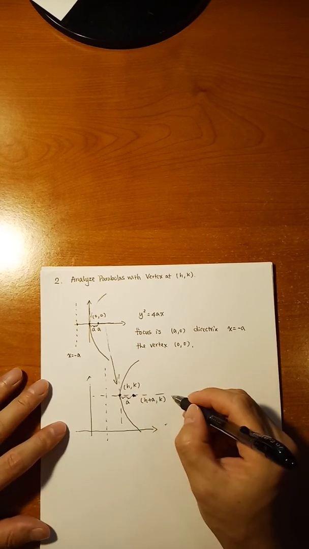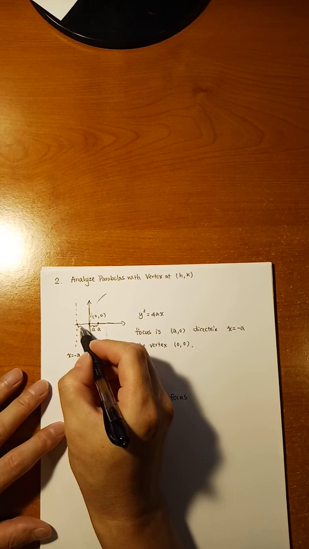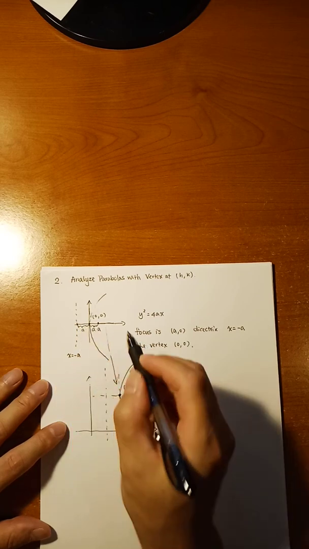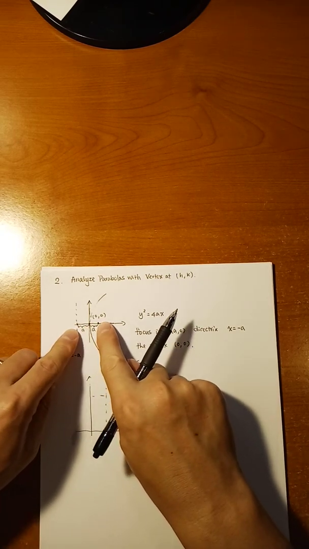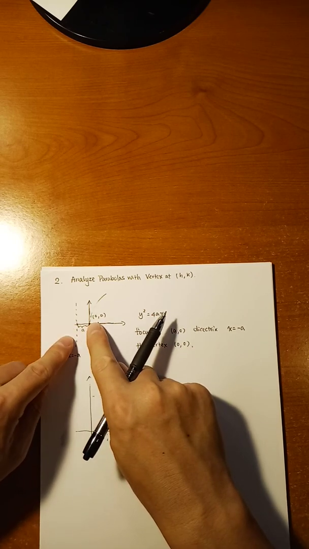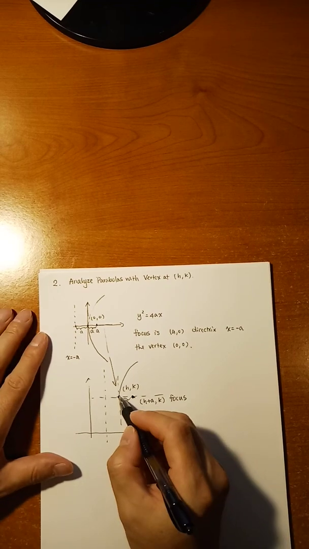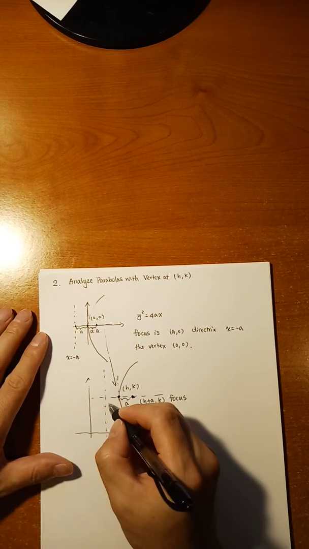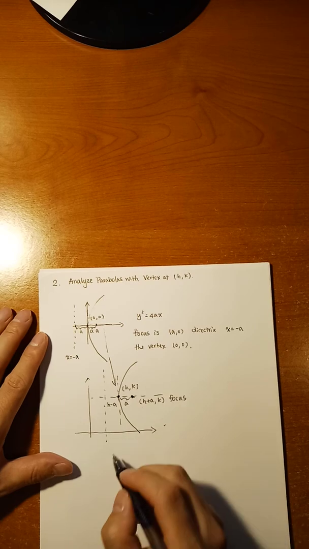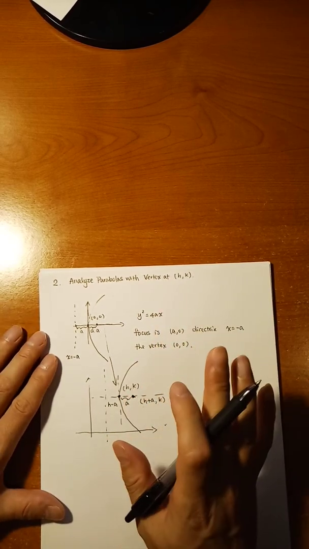So this is the focus. And here is also a, because the vertex is the midpoint between the focus and directrix. So the right side is a, the left side is also a, from negative a to 0. So this is h, and you move to the left, it's h minus a. A is always positive.